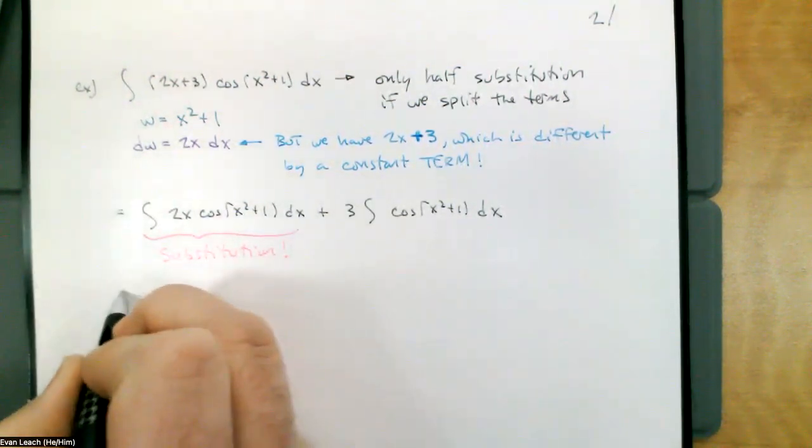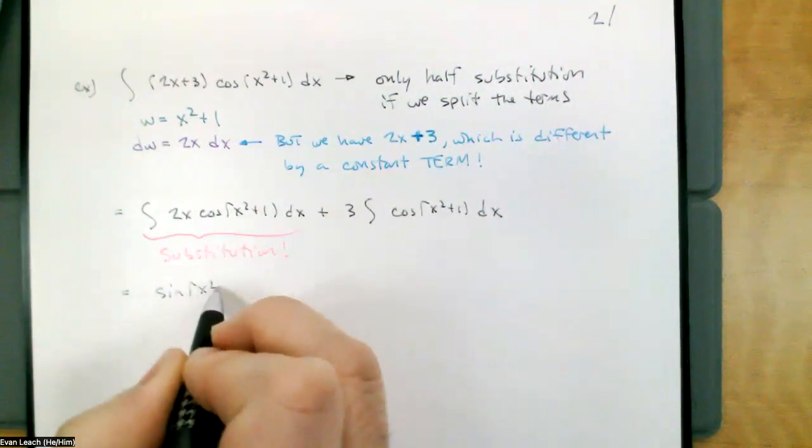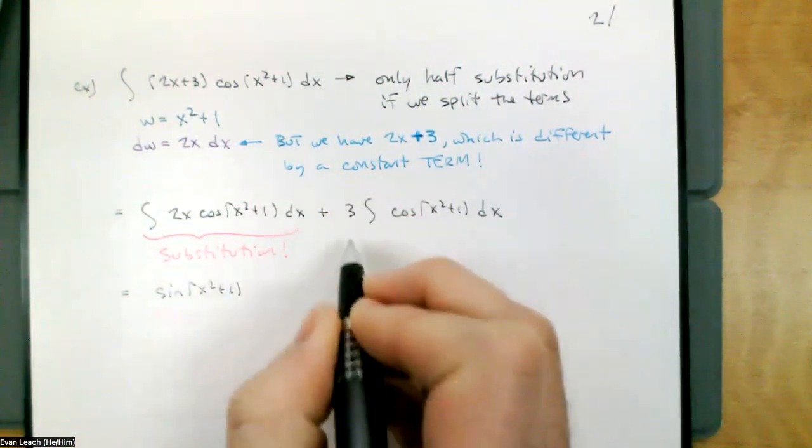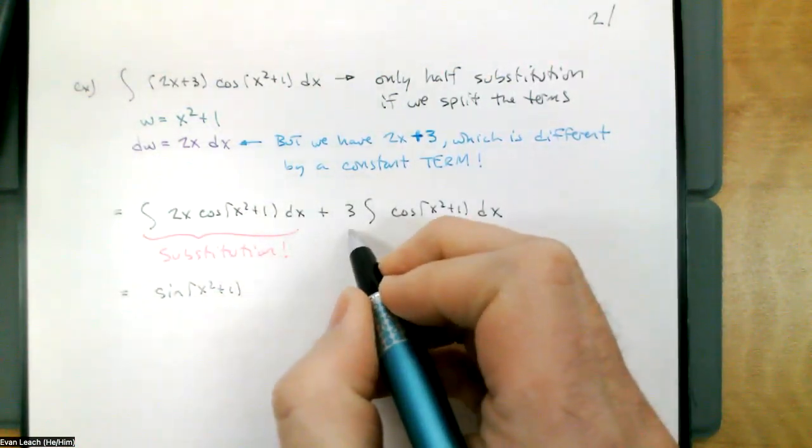This first one we can integrate and write as sine of x squared plus 1. But this second one, we don't have anything.